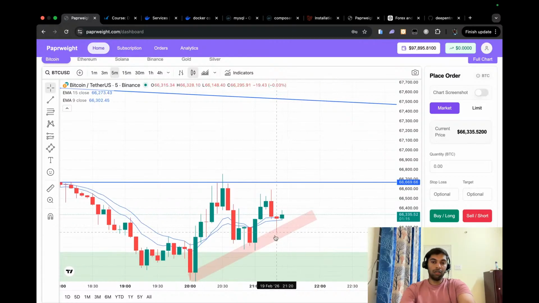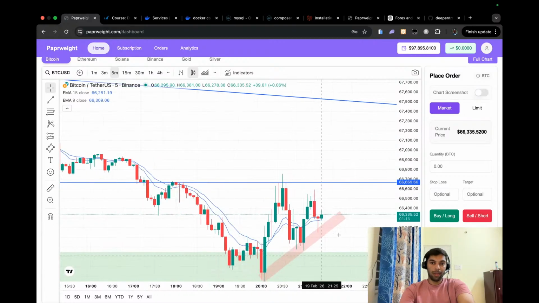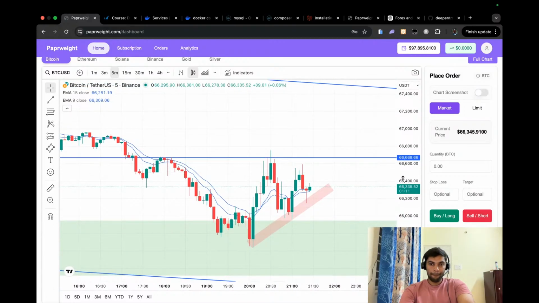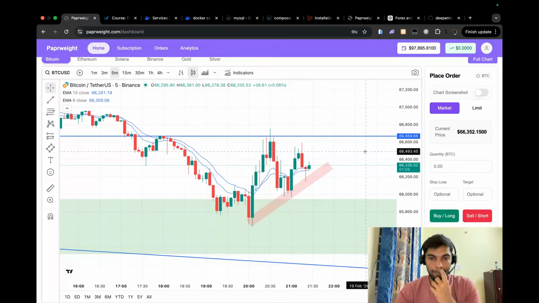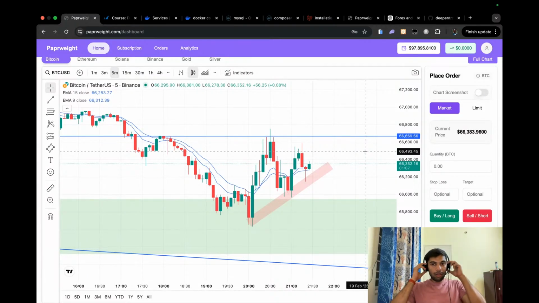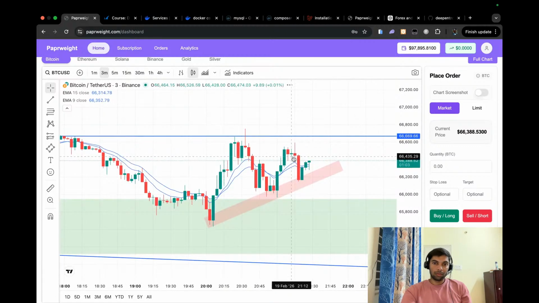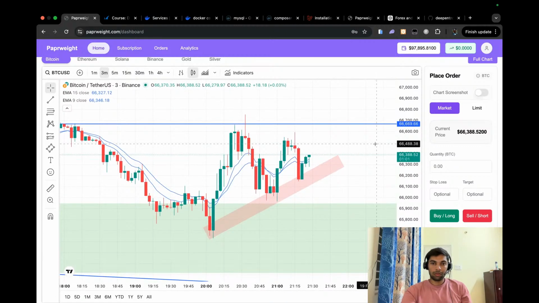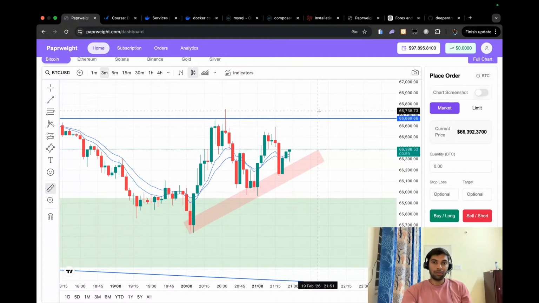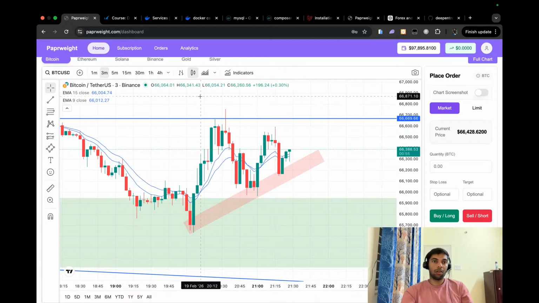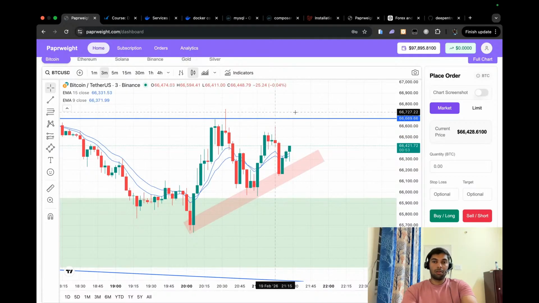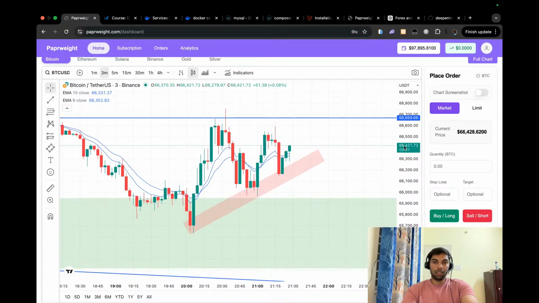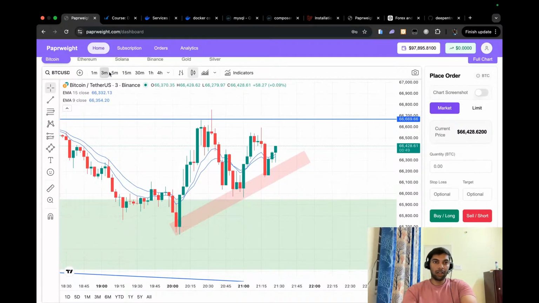So let's see how it will perform. This is the overall picture of how the market is performing.